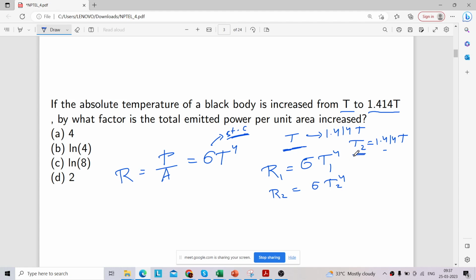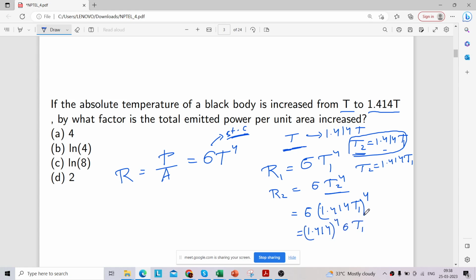We have a relation between T2 and T1: T2 is 1.414 times T1. So I can substitute here, and R2 will be sigma times 1.414 T1, to the power 4. I can take out the constant: 1.414 to the power 4 times sigma T1 to the power 4.